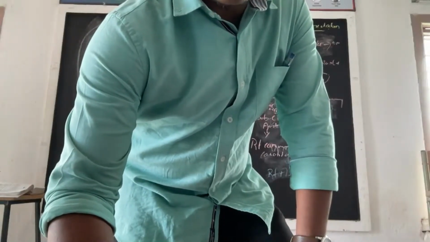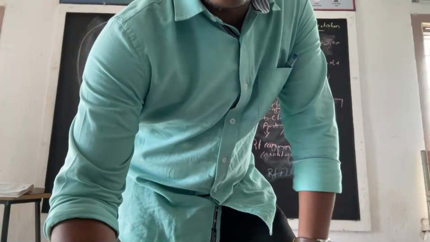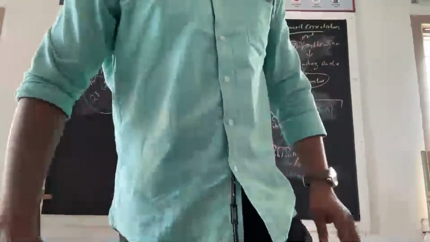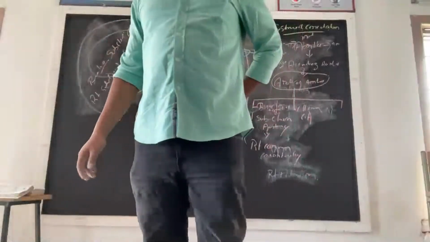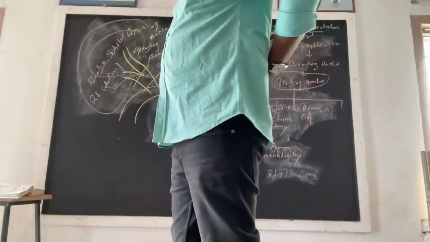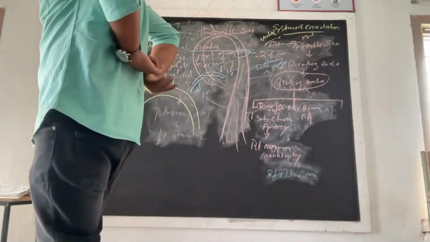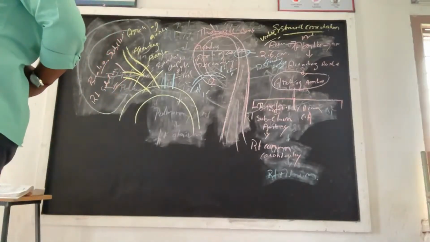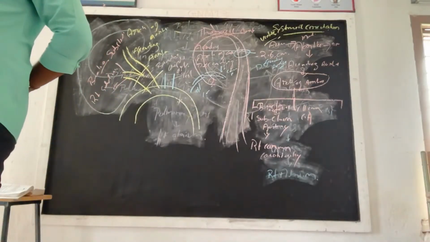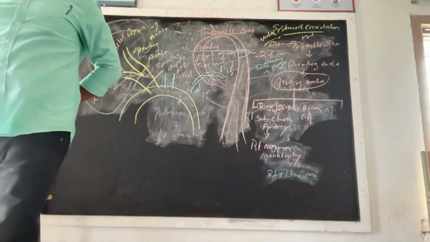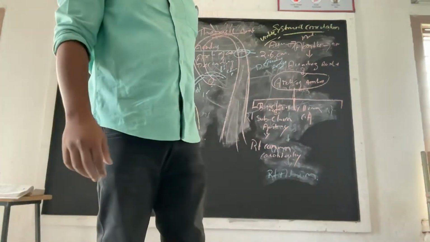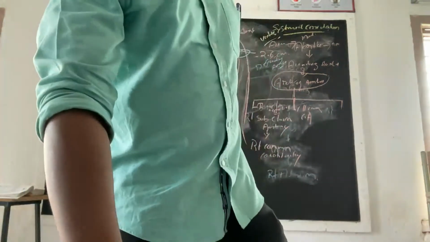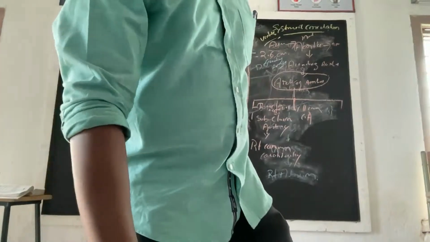It is the skeletal system where your ribs are attached to these vertebral bones. So are we vertebrates or invertebrates? We are vertebrates because we have a vertebral column.